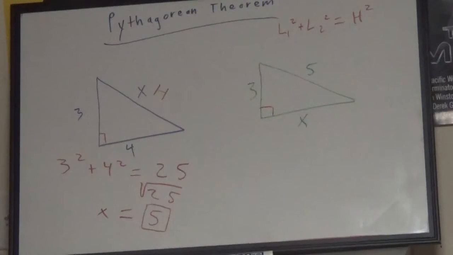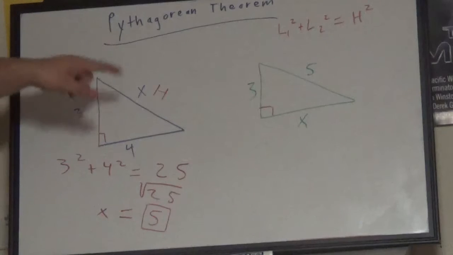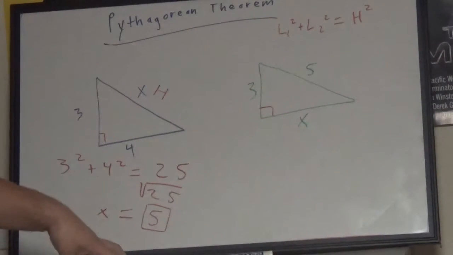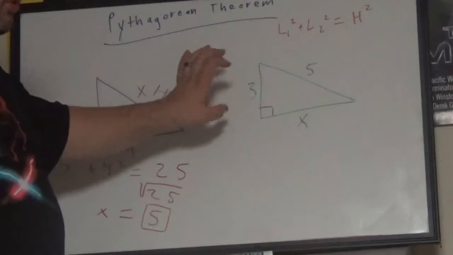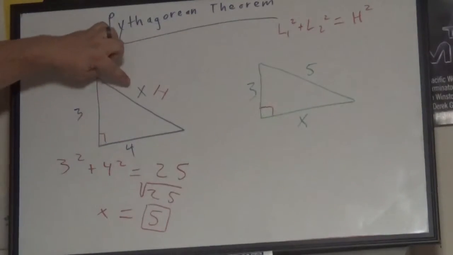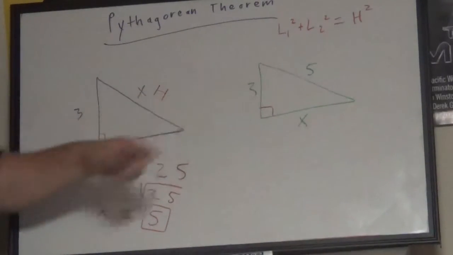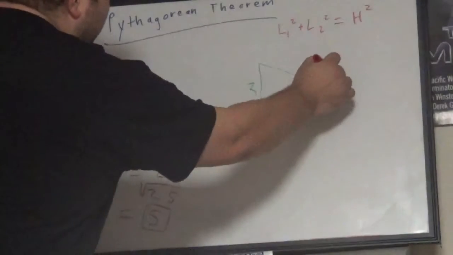Now the second triangle, now if you're looking, you'll see that it's the same length. You'll know what x is because you can see the 3 and the 5 labeled. Okay. I'm going to describe now, first of all, let's label the hypotenuse. Again, the hypotenuse is the side opposite the right angle. Of course it's 5.